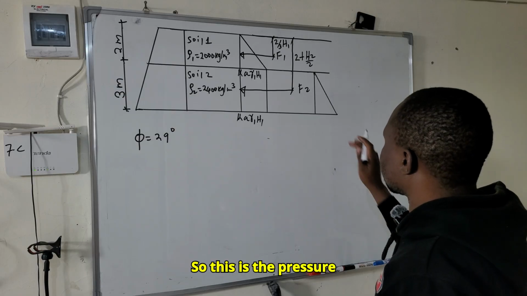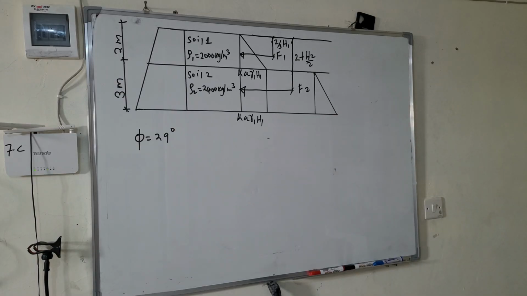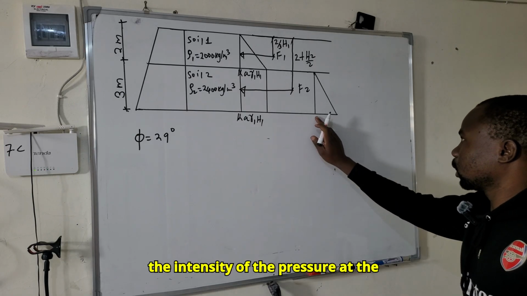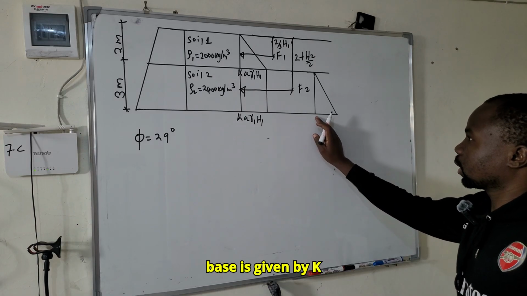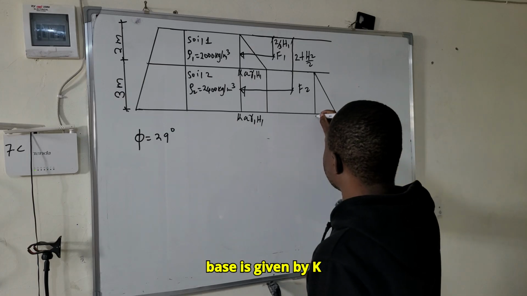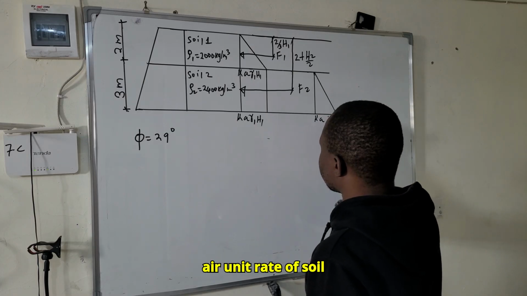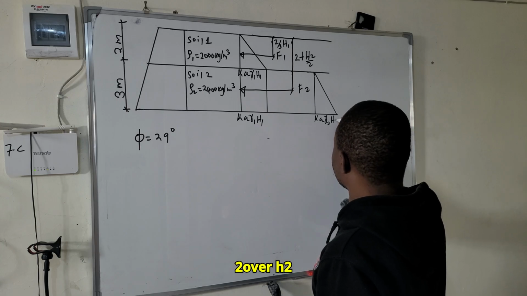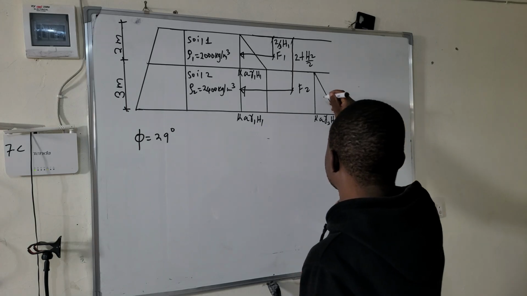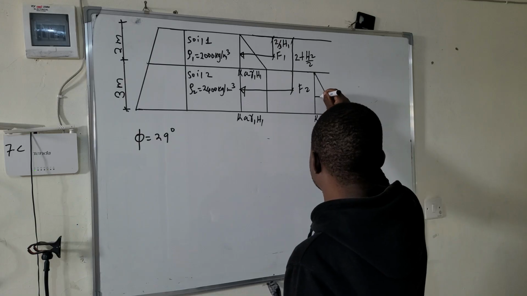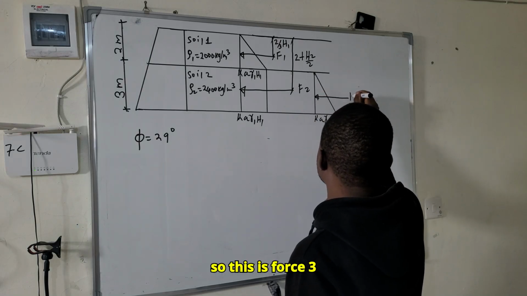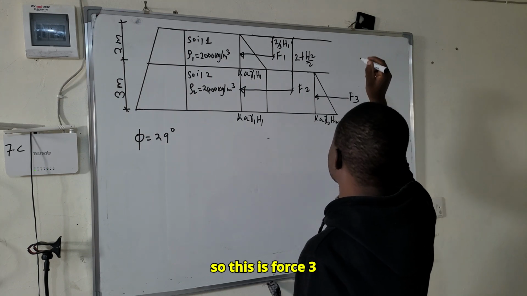So this is the pressure diagram for soil number 2, and the intensity of the pressure at the base is given by Ka times the unit weight of soil 2 times H2. So this is force 3.